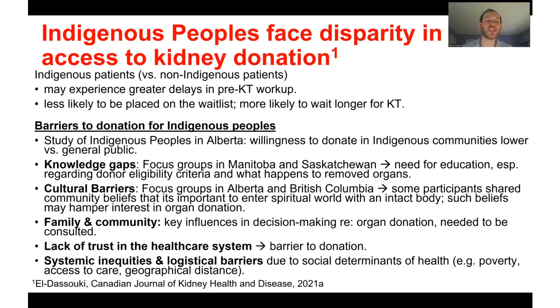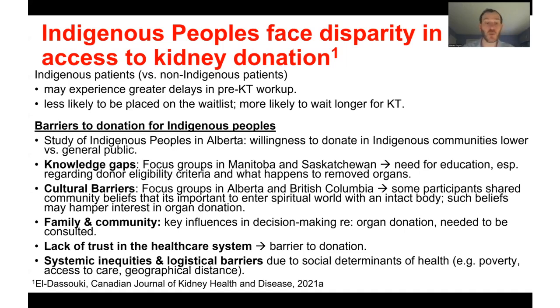And there are a number of barriers that were identified for Indigenous people. First of all, several studies have shown, and this is an example here from the Indigenous peoples in Alberta, that their willingness to donate was lower than the general public. Further, there were knowledge gaps with respect to donation identified in focus groups in Manitoba and Saskatchewan, highlighting the need for education, especially regarding donor eligibility and what happens to removed organs.